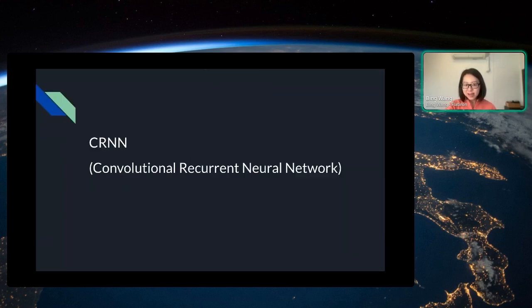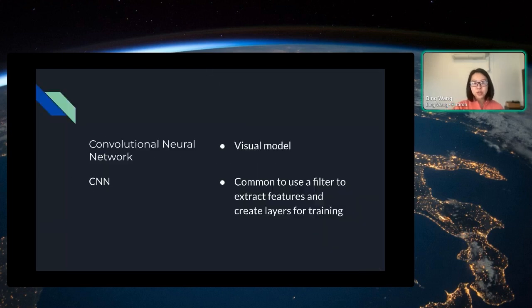CRNN is a combination of two commonly used neural networks used to train the models. The first one is the convolutional neural network. That is a neural network architecture very commonly used to analyze visual data.